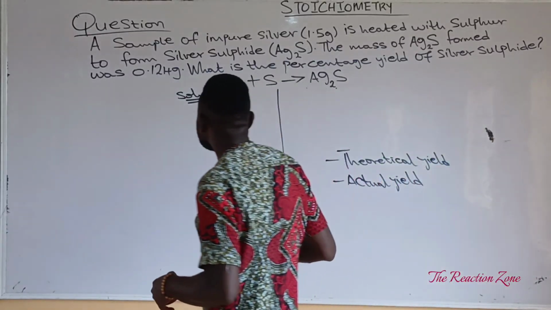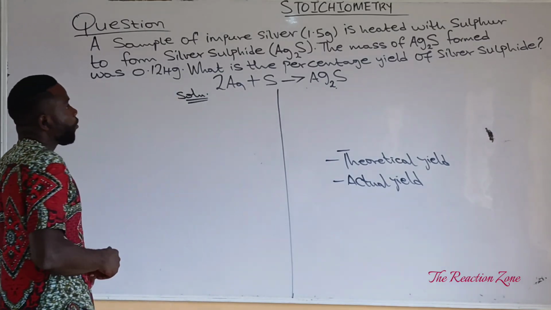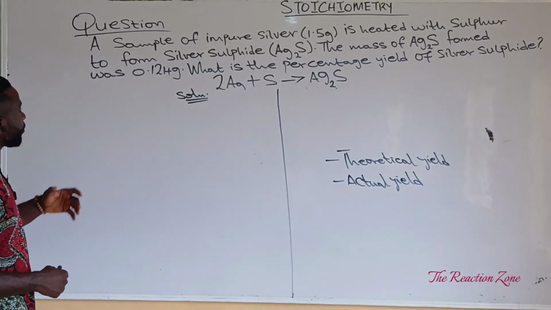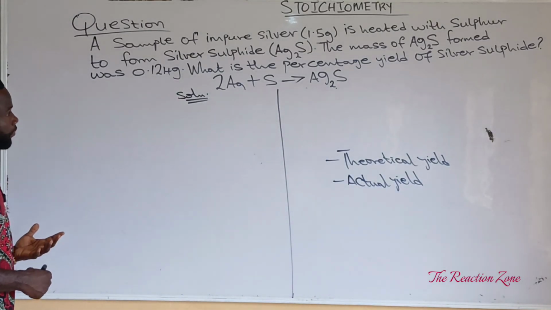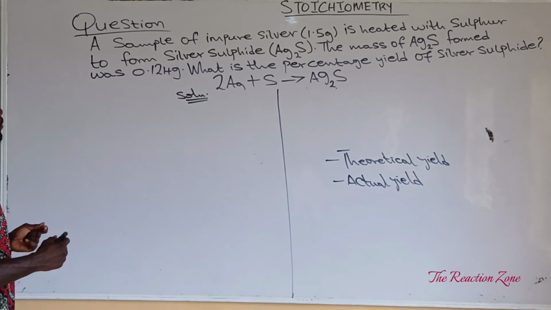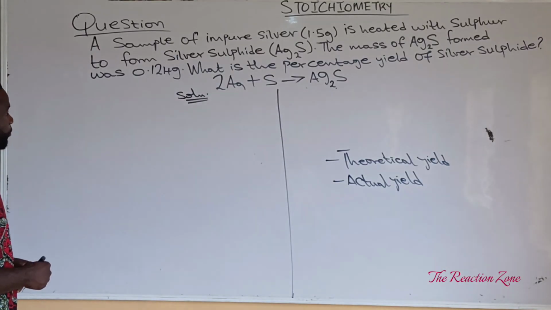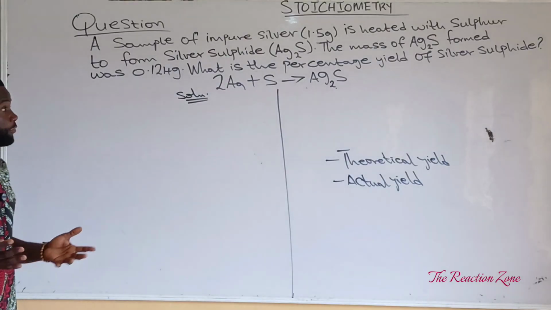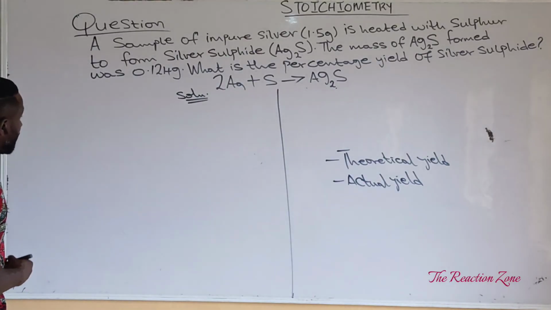So, to solve this particular problem, we need to identify what we are given in the question before proceeding to solve it. According to the question, 1.5 grams of silver is heated with sulfur to form silver sulfide, and the mass of silver sulfide that is formed is 0.124 grams.